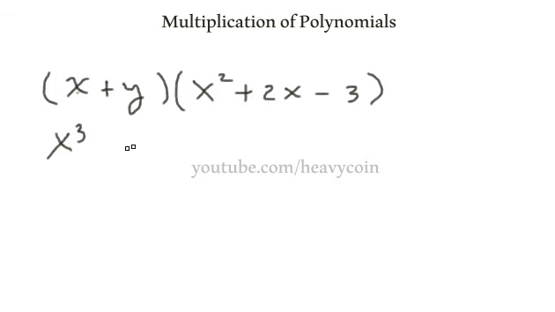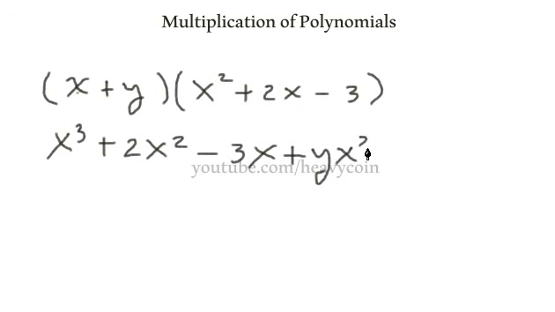X times 2x is 2x squared, and x times this minus 3 here is going to be minus 3x. Now we go to the next one. Y times x squared, y times 2x, and then y times this minus 3 here, which is minus 3y.